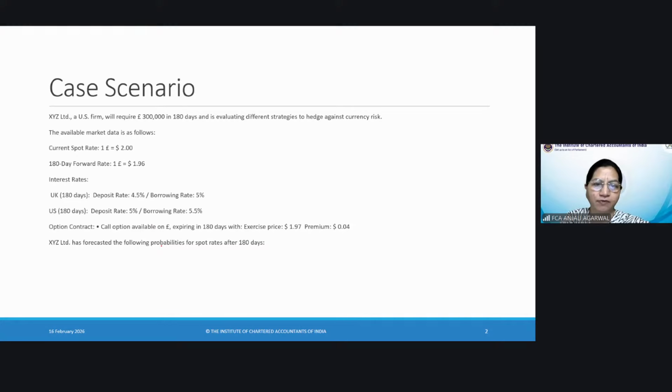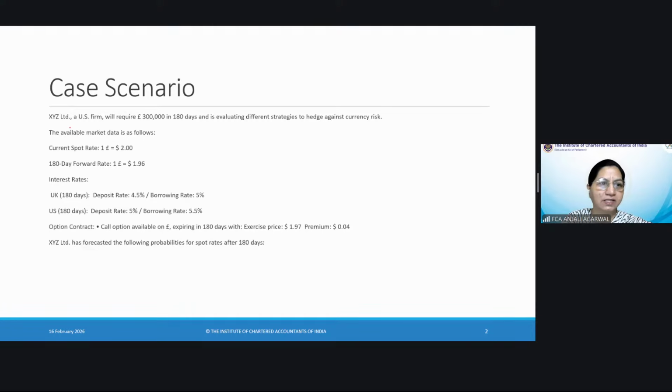We have one more way in which we can hedge our risk in case of foreign exchange exposure, and that is through an option contract. So let us take one case scenario where we will exploit all three ways, not futures, but money market, forward, and option, and see which of these alternatives gives us the best results, and we will try to adopt that.